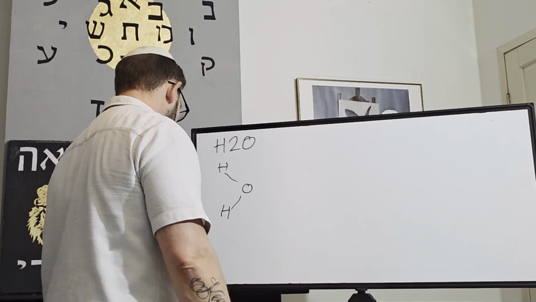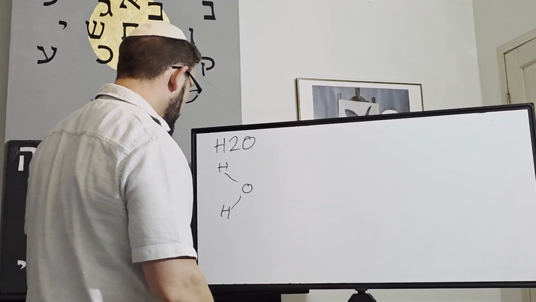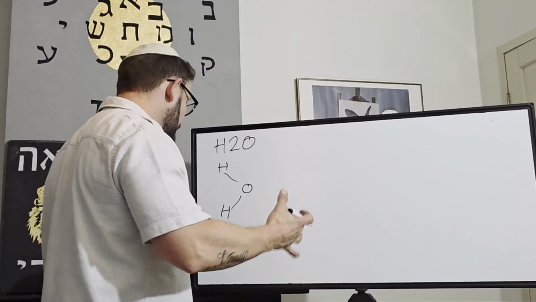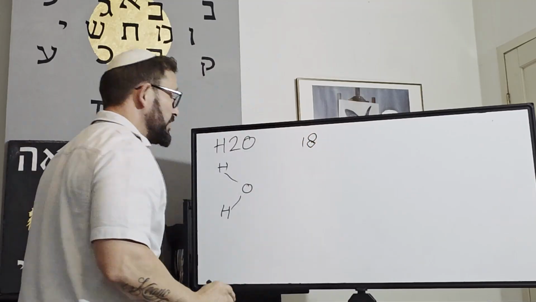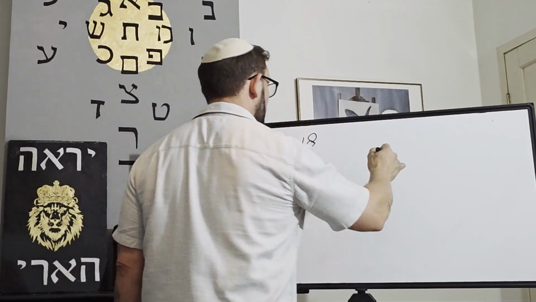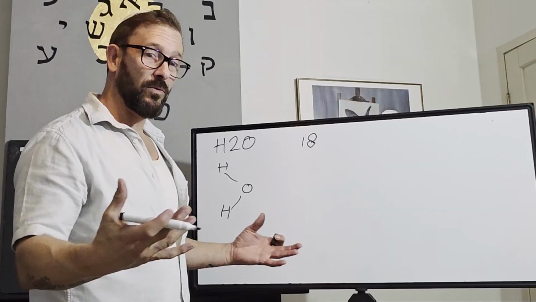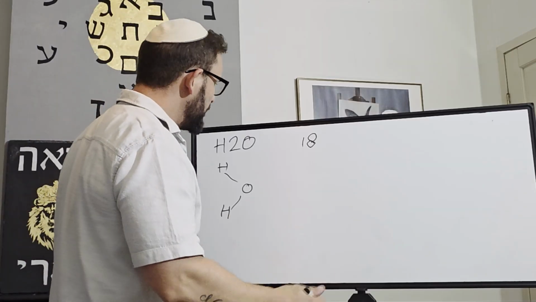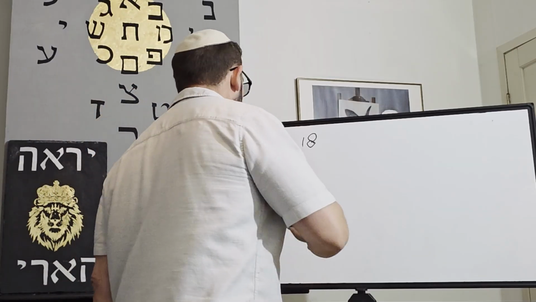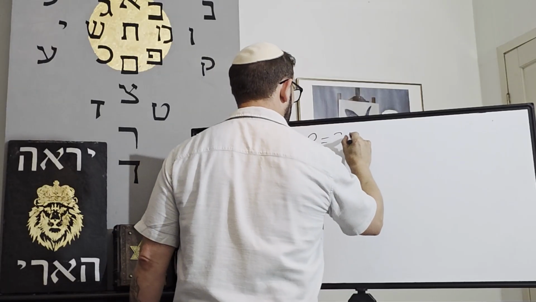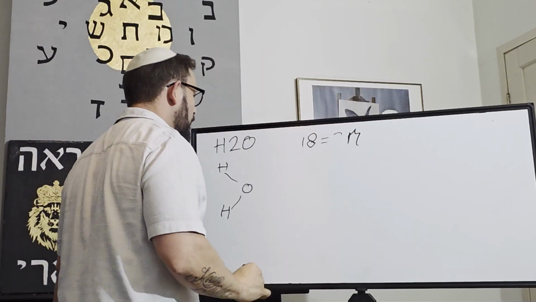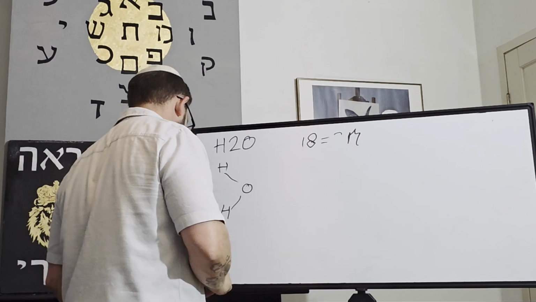It tells us a lot of things because the molar mass, the molecular mass density is 18. And we just had it, waters, living waters, right? We'll go to the source in Jeremiah in a little bit, but 18 is chai, right? 18 is already chai. Water gives life, okay?